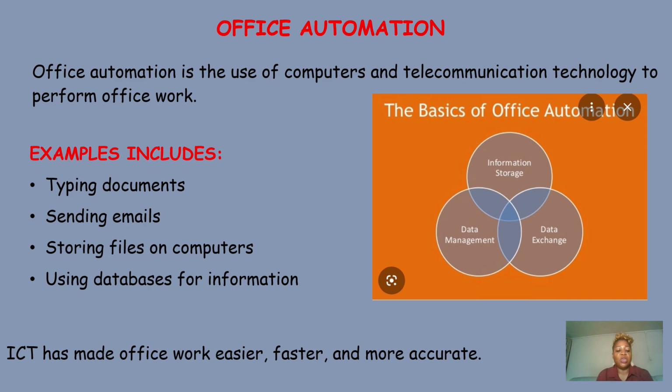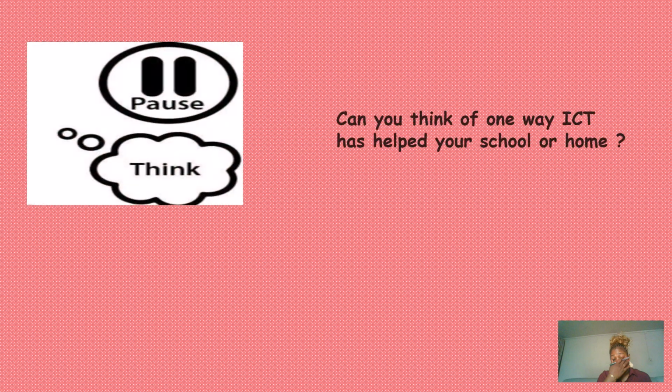Office automation is the use of computers and telecommunication technologies to perform office work. Examples include typing documents, sending emails, storing files on computers, and using databases for information. ICT has made office work easier, faster, and more accurate.